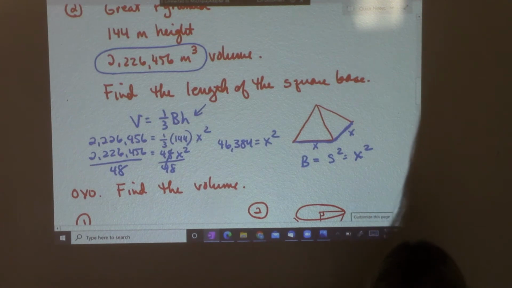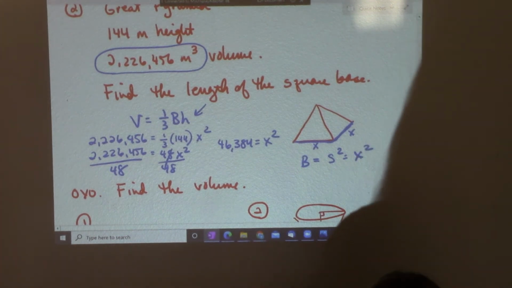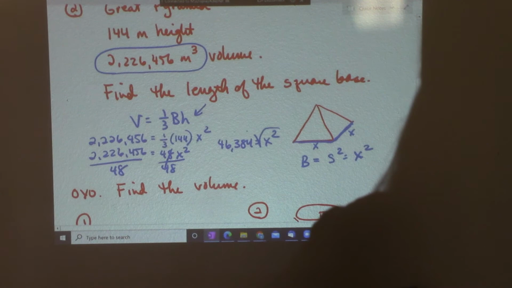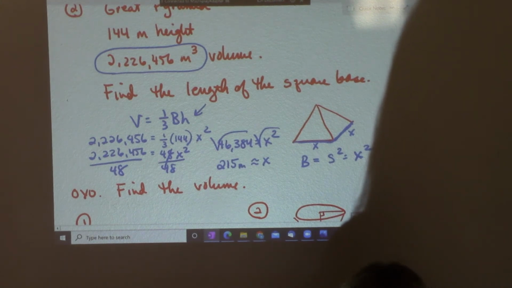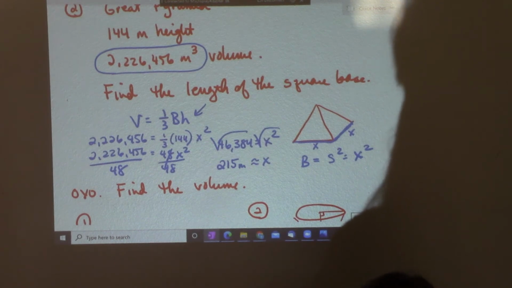So x will be by itself. And then the last step is I take the square root and I get x is approximately 215 meters long. That's very long. That's over 600 feet long. It's a very big structure.